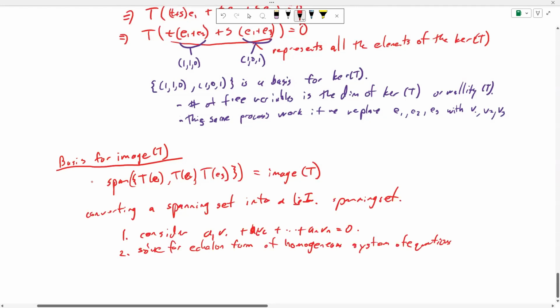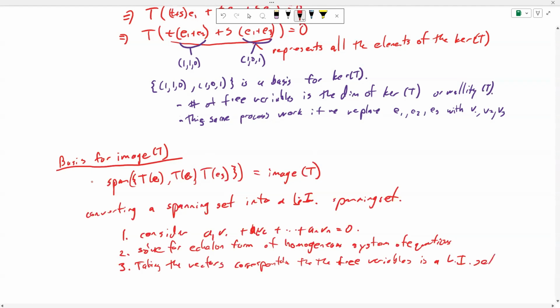And then the third step is that taking the vectors corresponding to the free variables gives a linearly independent set with the same span.